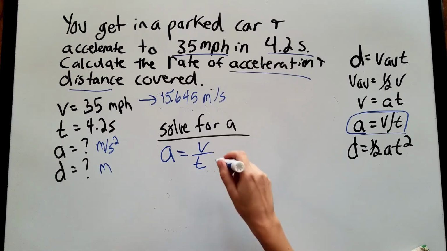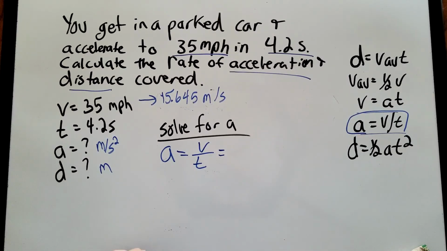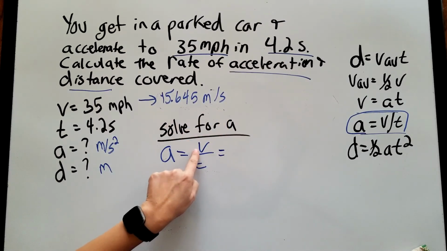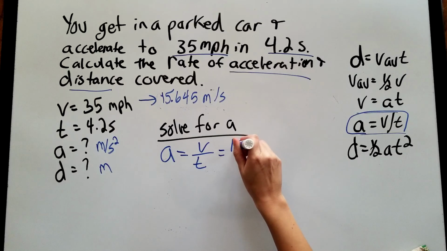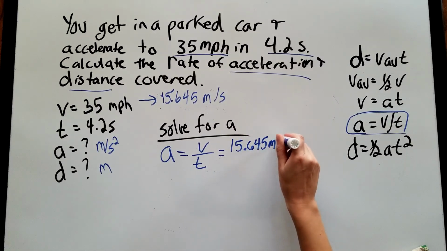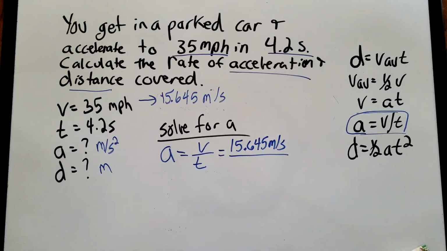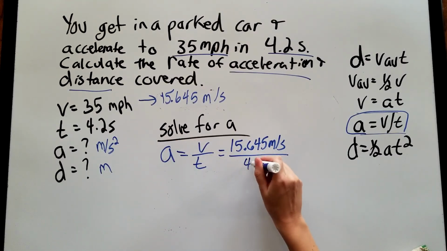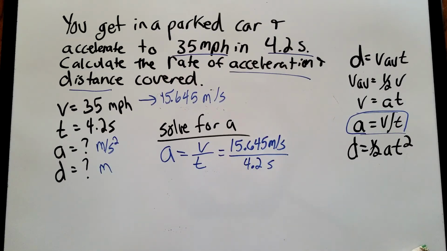So now I just need to plug in my values, and I'm going to make sure that I use the meter per second version of the velocity. So 15.645 meters per second. I'm going to divide that by the time, 4.2 seconds.